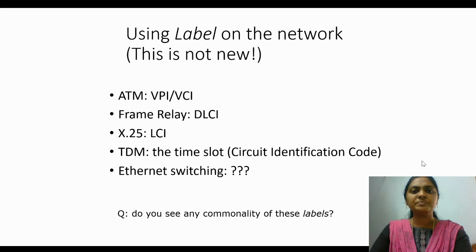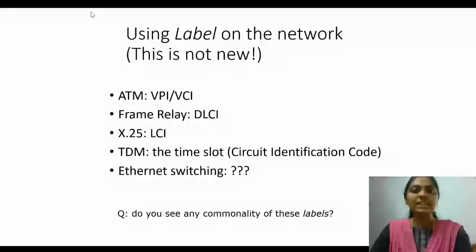Among these, in hop by hop routing, along with the packet, a label will be added by the MPLS protocol. But is this kind of labeling unique to MPLS? Is it available in the existing protocols also? Yes, labeling or identification values are present in some of the existing protocols as well.